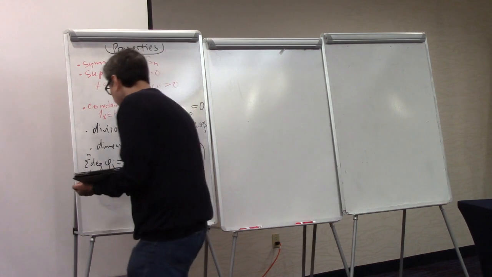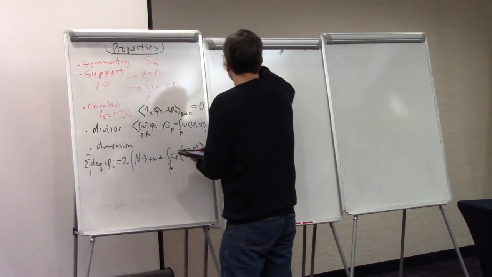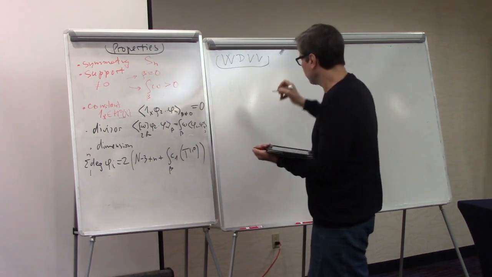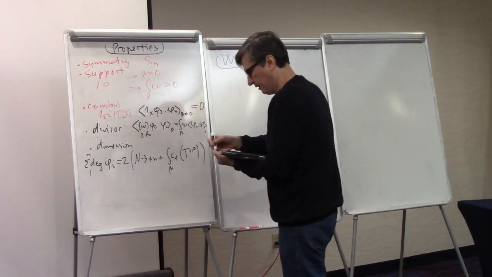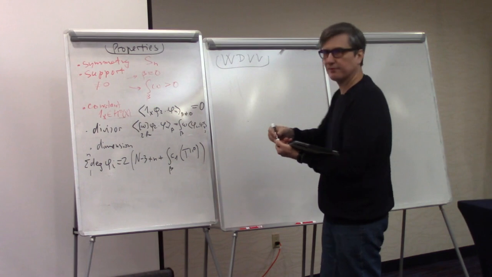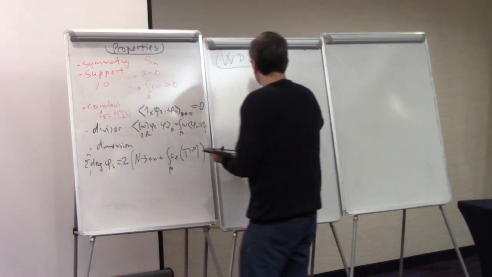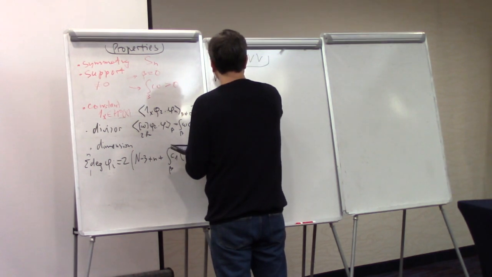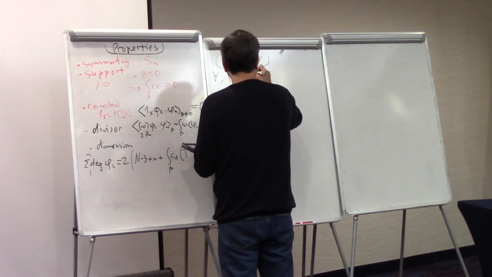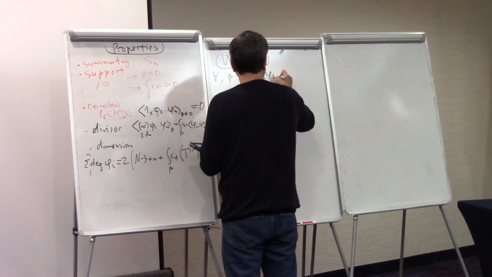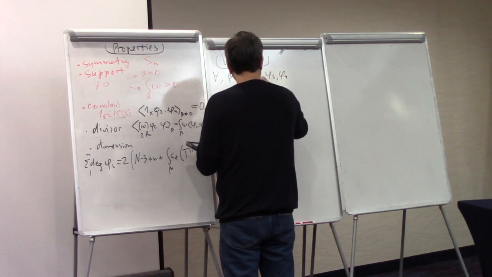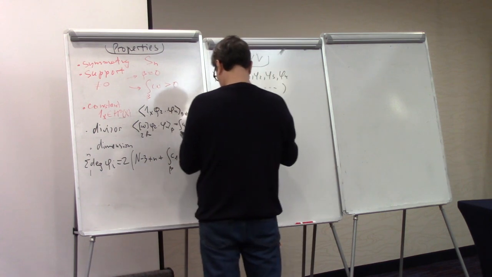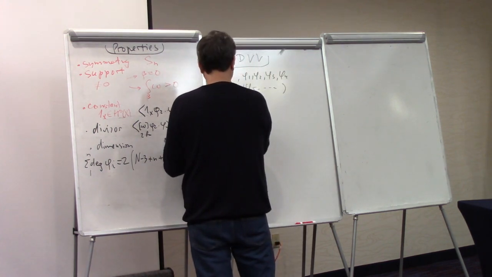and then you finally get the WDVV equations. That's the most interesting part. I hope everybody knows, but just recall: if you fix beta, phi1, phi2, phi3, phi4, and then other phi5, what happens?